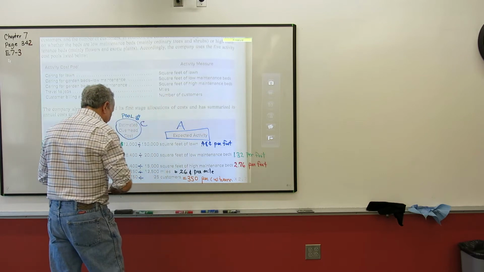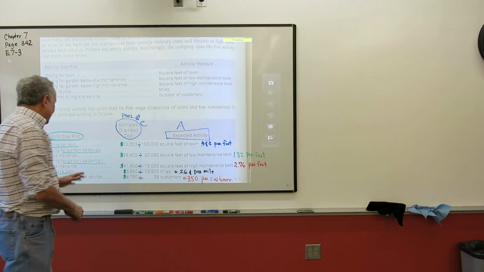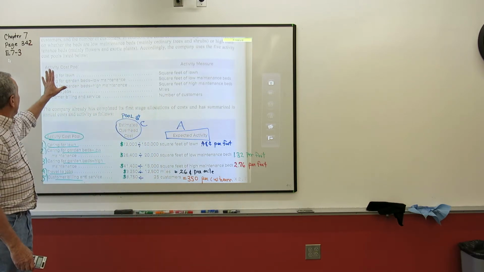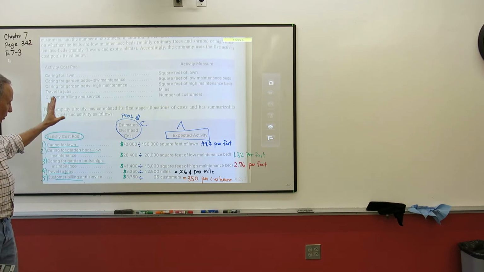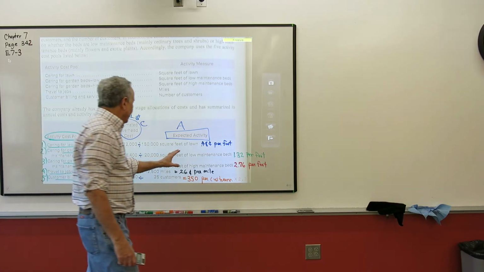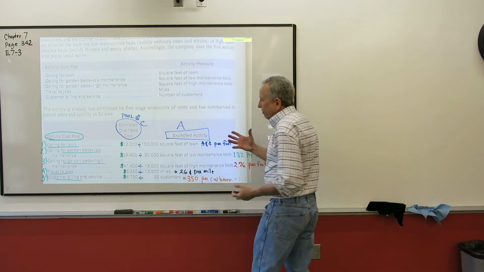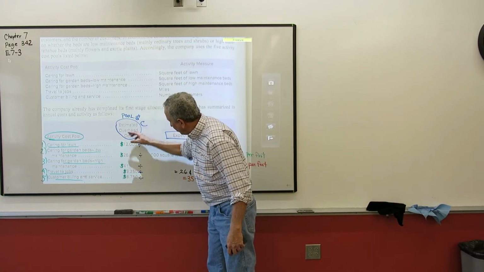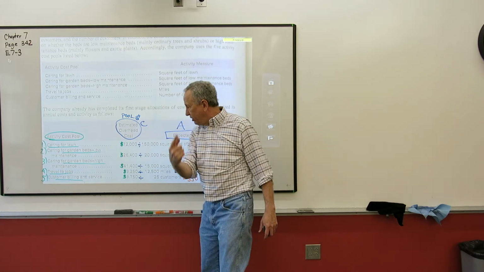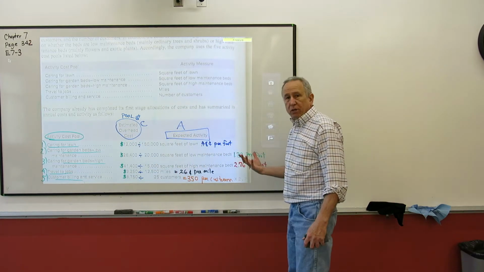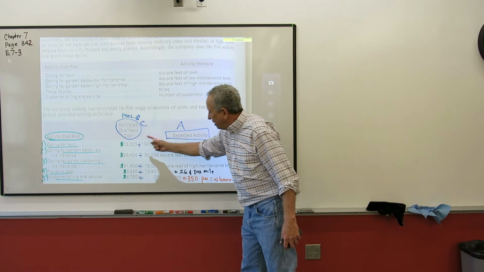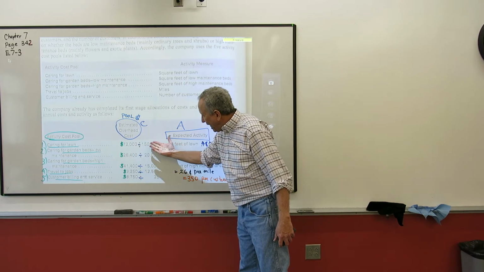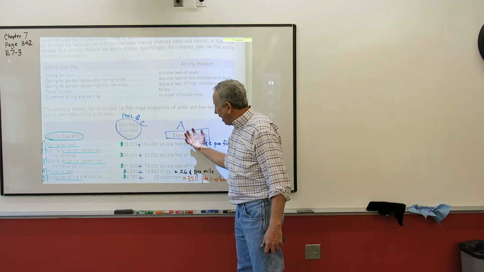All right, now that's what the author has asked us to do in this problem. We're done. The author has said only one requirement. In this case, we've done first stage allocation. The guy that owned the business took the money and put it in the pools. That's first stage allocation. Then we computed the rates. We said, let's take the money and divide it by the activities, the activity drivers.